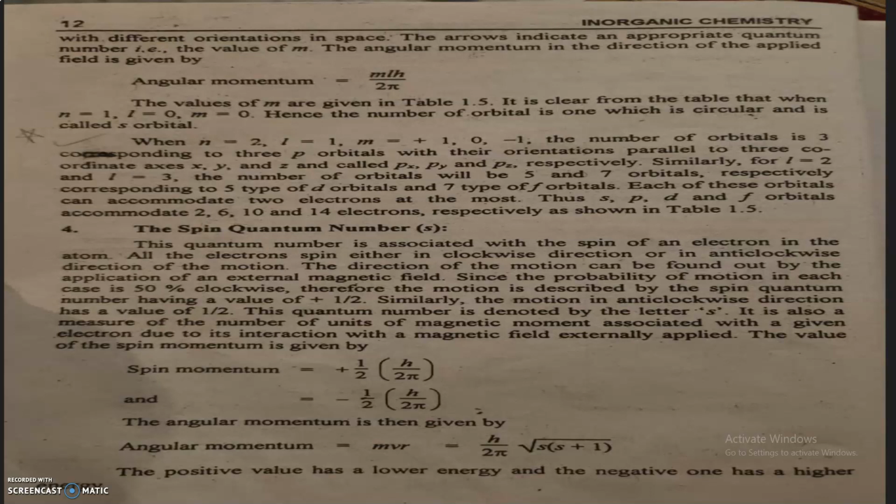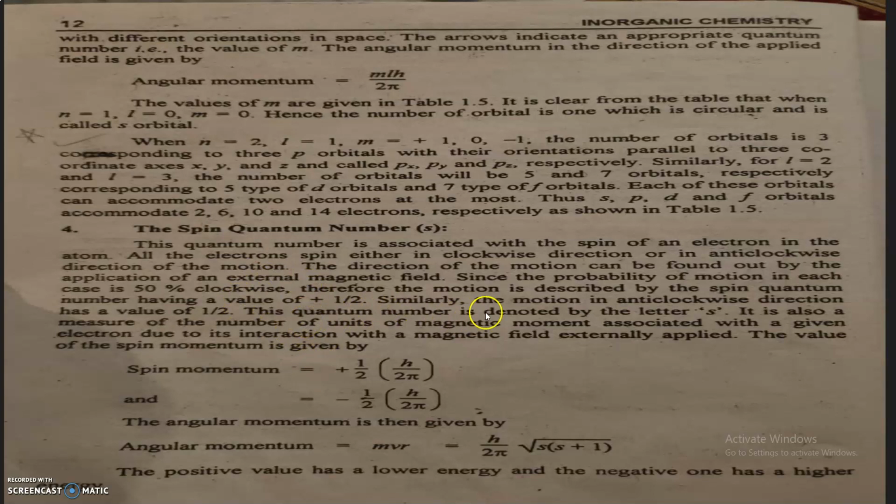If the atom is exposed to a magnetic field, the electrons will start spinning around their own axis, either clockwise or anti-clockwise. In 50% of cases it is clockwise, and in 50% it is anti-clockwise, and it is denoted by +½ and -½ values. So +½ shows a clockwise movement, and -½ shows an anti-clockwise movement.